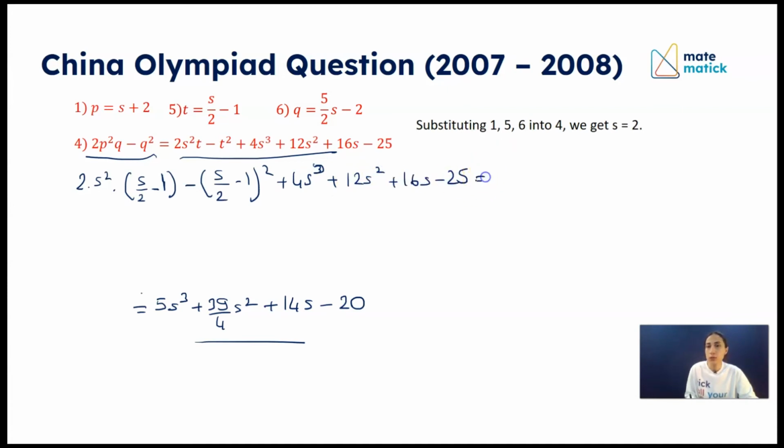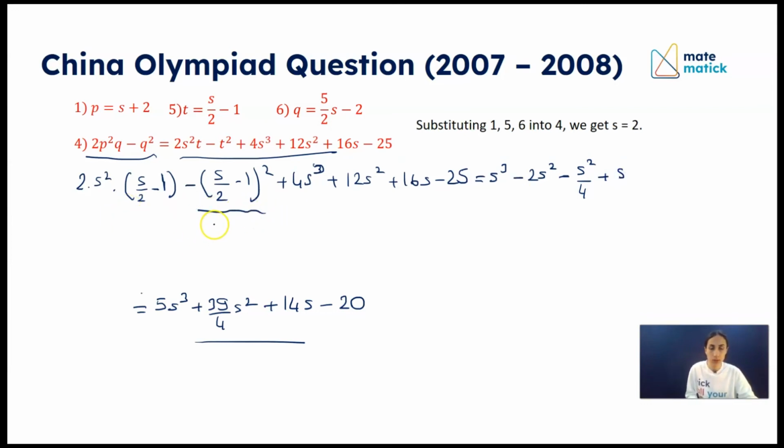Okay, so this is equal to, now here we have 2S squared. Now I'm gonna just multiply these two. So here we have S cubed, yes, it is S cubed. And then minus 2S squared minus S squared over 4. Then minus S, that will become positive, so this is positive S. Why?